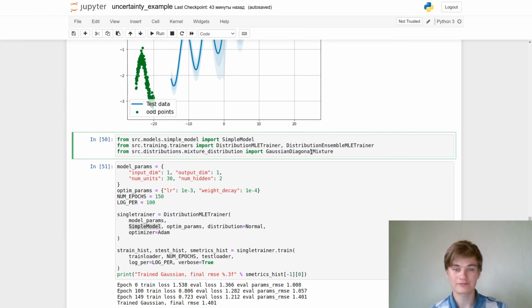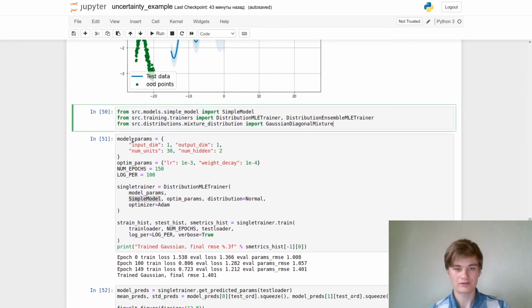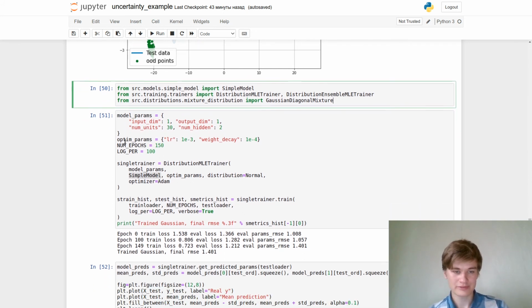And we also have Gaussian diagonal mixture. This is our class for Gaussian distribution with diagonal covariance matrix. So we have our model parameters.